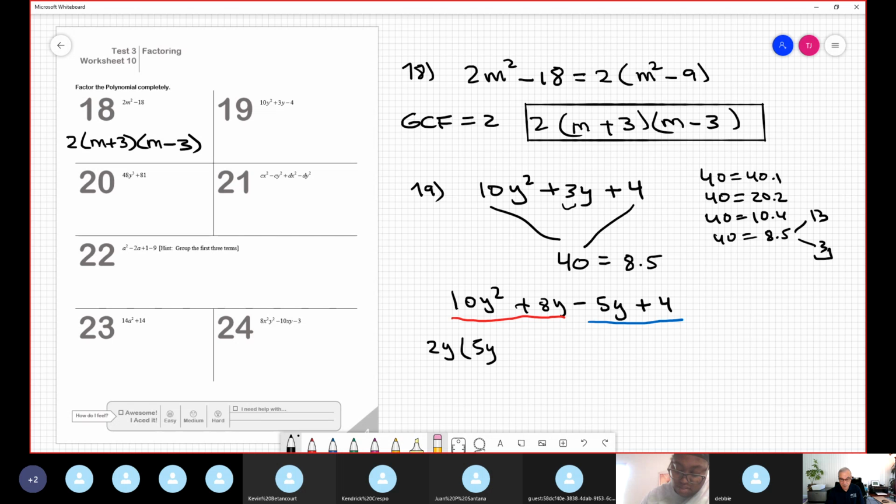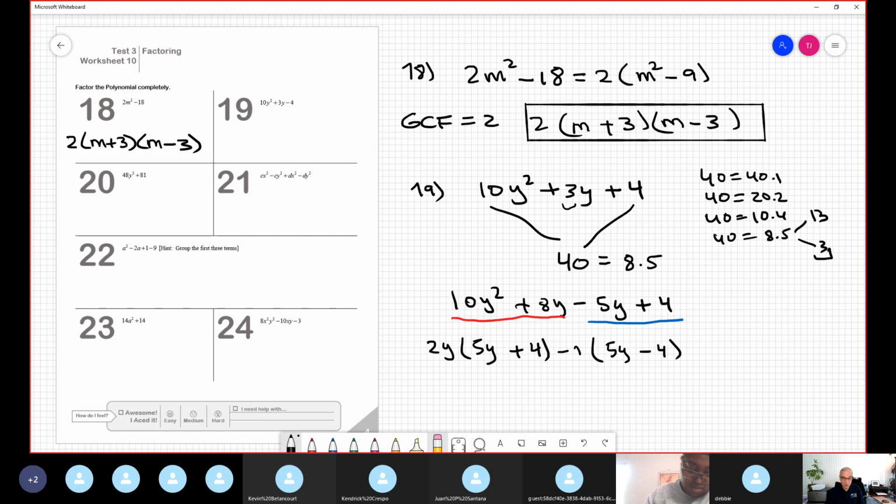We have 5y plus 4. And the GCF in that part, I have no idea. Maybe it's 1 or negative 1. Suppose I factor out negative 1. We have 5y, but now it's minus 4. Let me check the sign, see if I did well or not. Negative and negative positive, negative and positive negative.